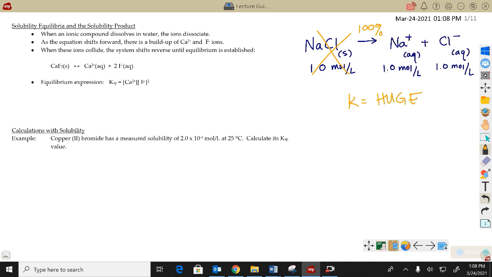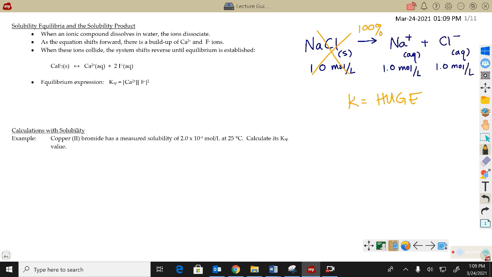Also, in some of these situations, you may have the calcium and fluoride ions swimming around in water, but if they collide, if it's not something that's highly soluble, they may collide and shift this thing in reverse so that they go back to the original calcium fluoride solid. And so you can get an equilibrium system.